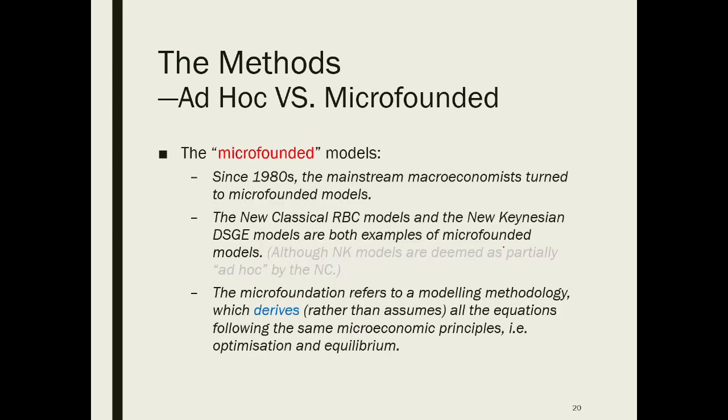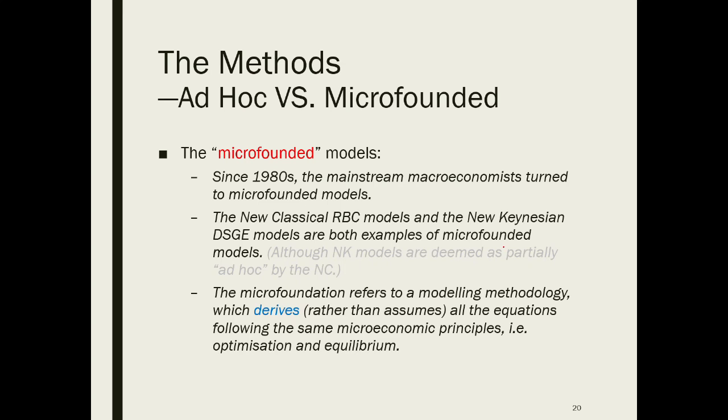The alternative approach is Microfounded Modeling, which is the mainstream from 1980s onwards to the present day. It started with the new classical RBC models in the 1980s and popularized by the new Keynesian models or the DSGE models since 1990s.